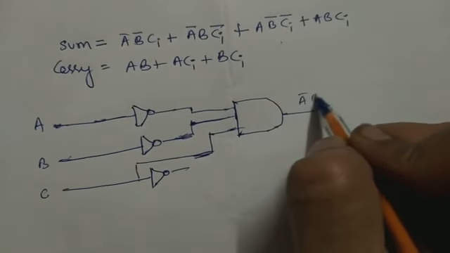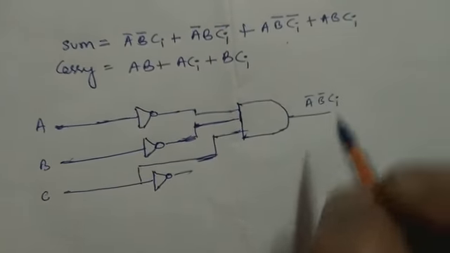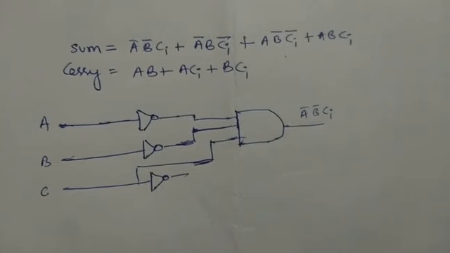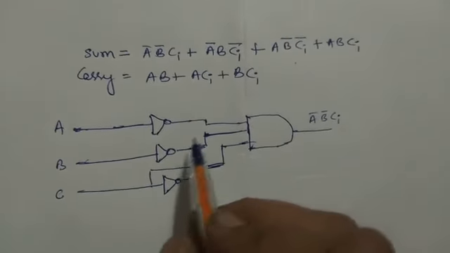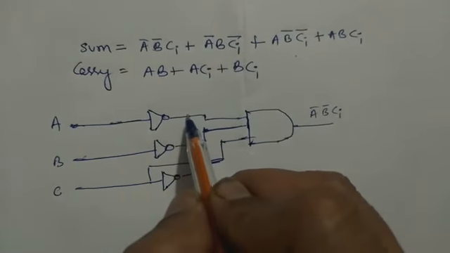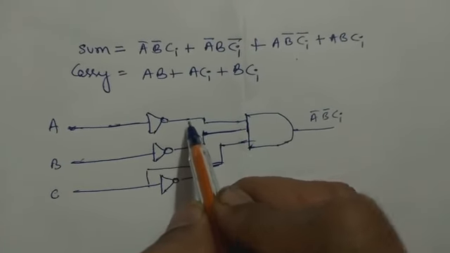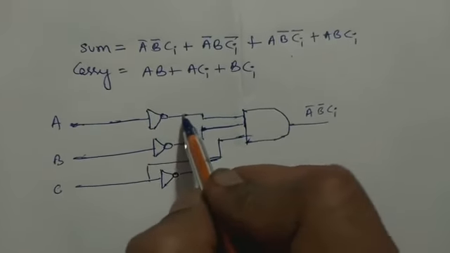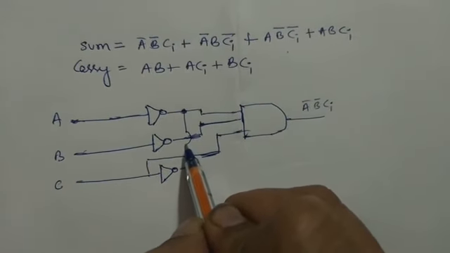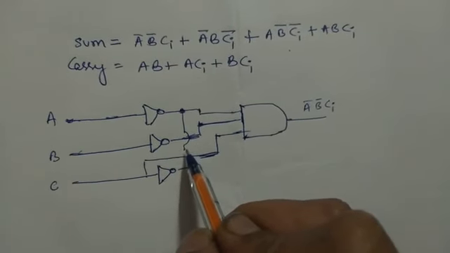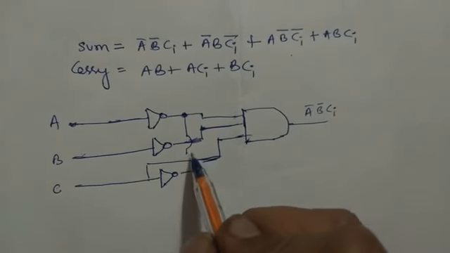Then we have A bar B CI complement. From here I can take A bar, then B, and from here the CI complement.